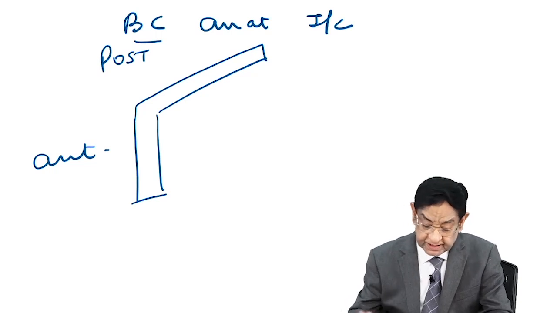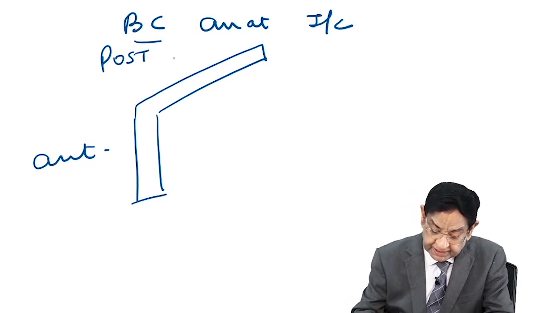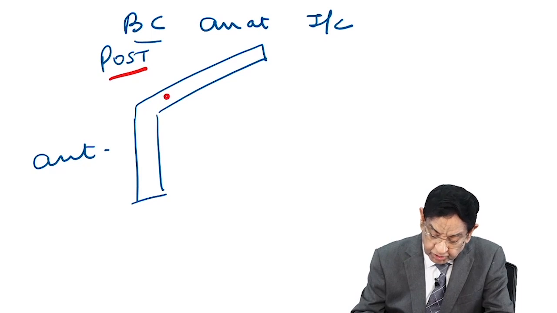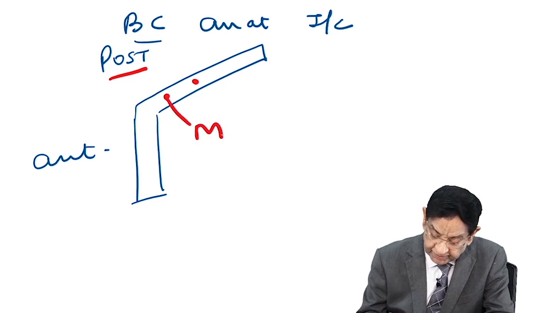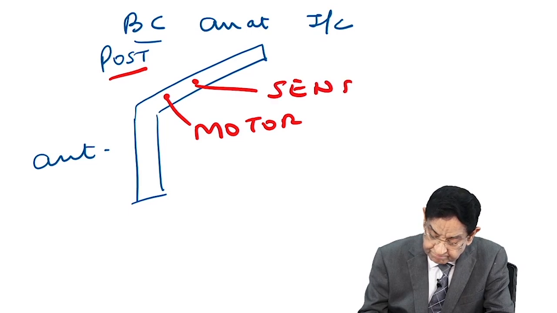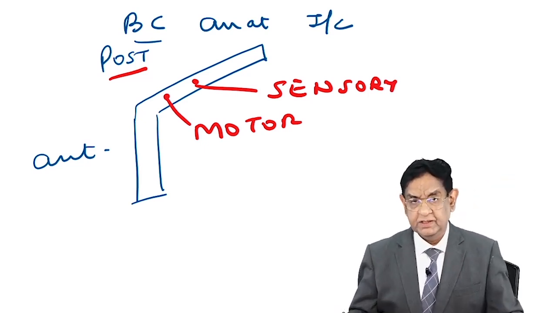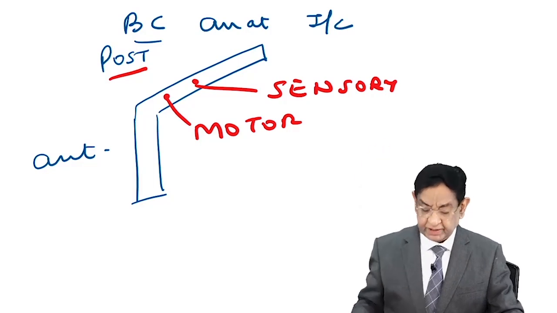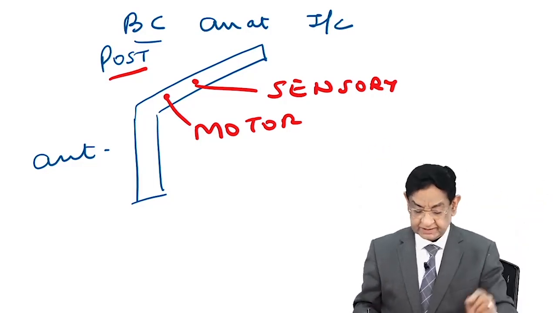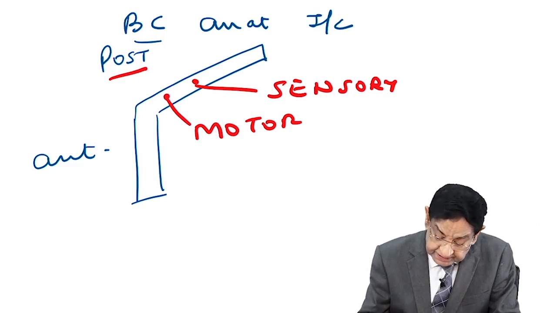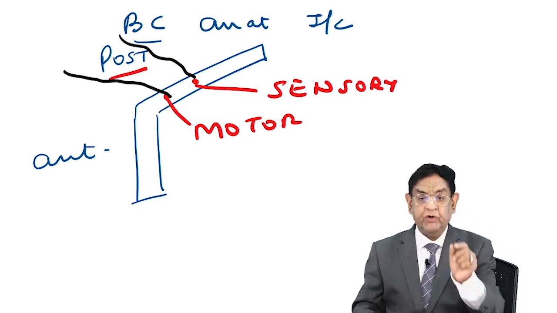We also know that in the posterior limb we have motor fibers and sensory fibers. Motor fibers are coming from the cerebral cortex, and sensory fibers are going to the cerebral cortex. Sometimes the small arteries supplying this area or that area may be involved individually.